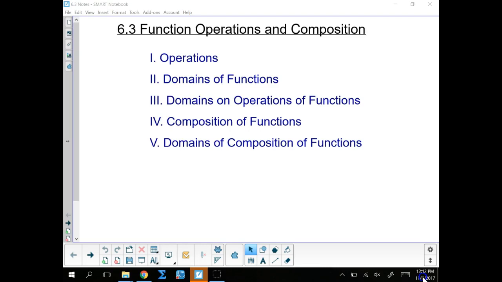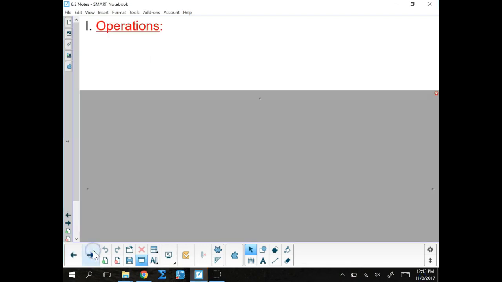We got to talk about domains on operations. We got to do composition of functions, and we got to do domains of the compositions of functions. Okay? Just so you know, that's the 5 things we want to accomplish today. I want to say we're going to knock 2, maybe 3 of them out today. We'll see how far we get. Okay?